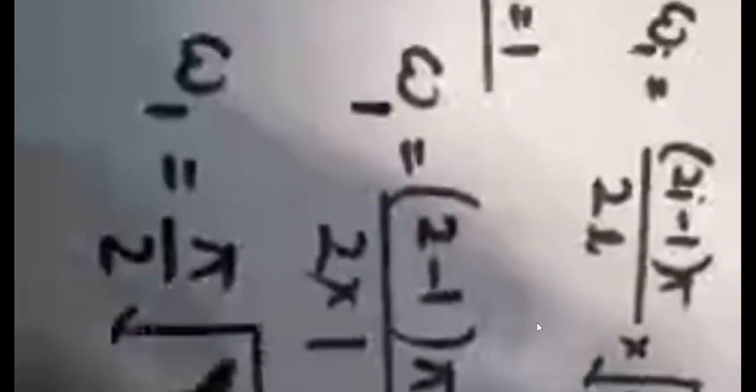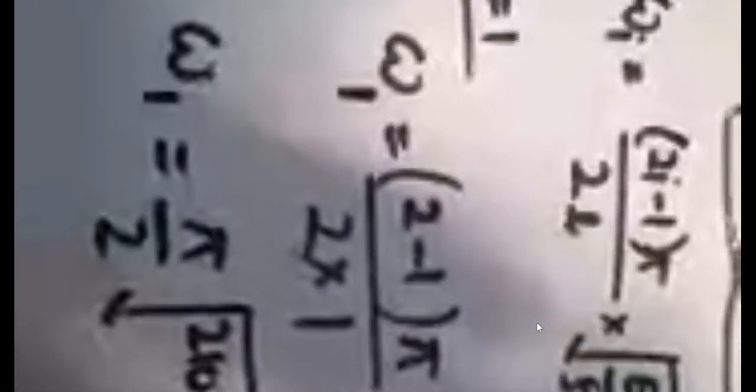I am putting 1 here since this is for mode equal to 1. So for the first mode, let me calculate the critical speed: pi upon 2 into root over 210 into 10 to the power 9 upon 7840.